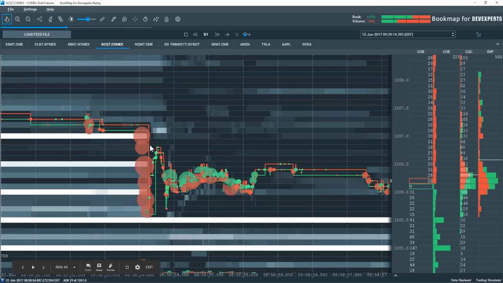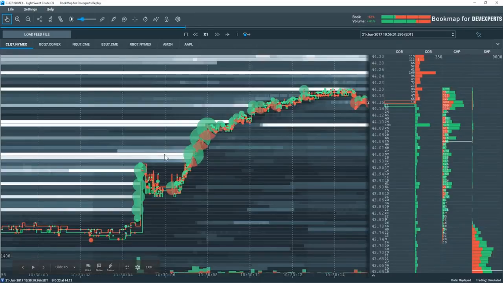Here's another example, and this is a market buy, sweeping up to new levels. We see this is the initial release at 10:30. This is oil, the oil inventories. Actually, nothing really occurred for a few seconds, and then all of a sudden they really lifted the offer here.